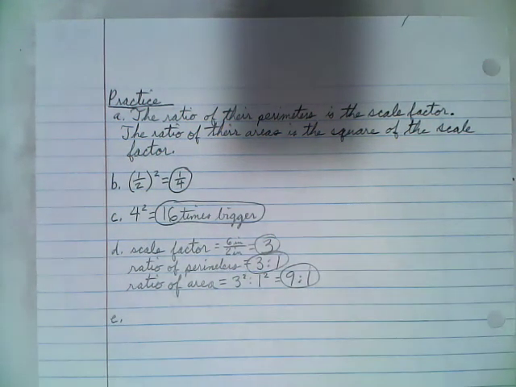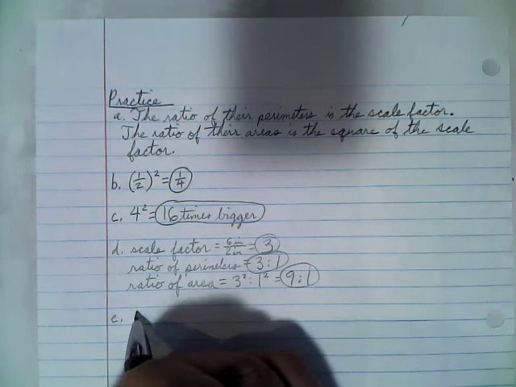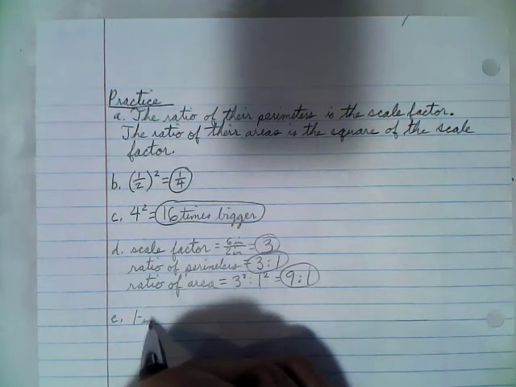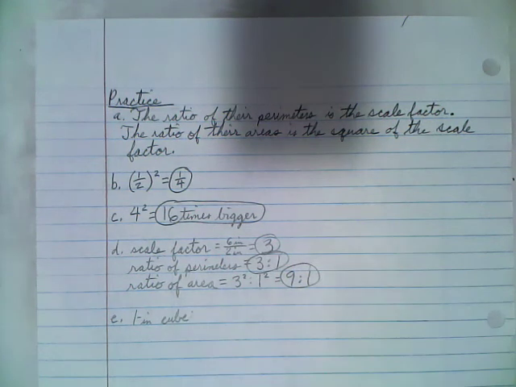E. Find the surface area and volume of a 1-inch cube and a 10-inch cube. What is the ratio of the surface areas? What is the ratio of the volumes? So here we go. I'm going to label this, start with my 1-inch cube. So it asks for the surface areas.